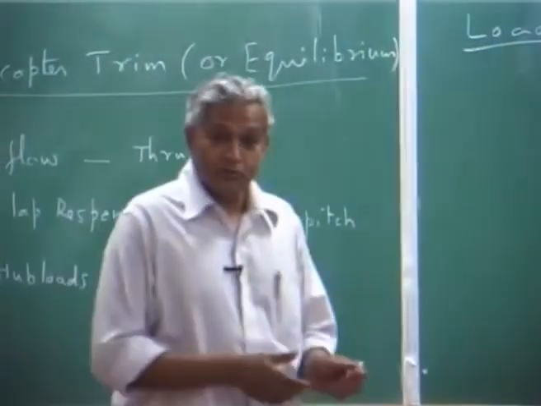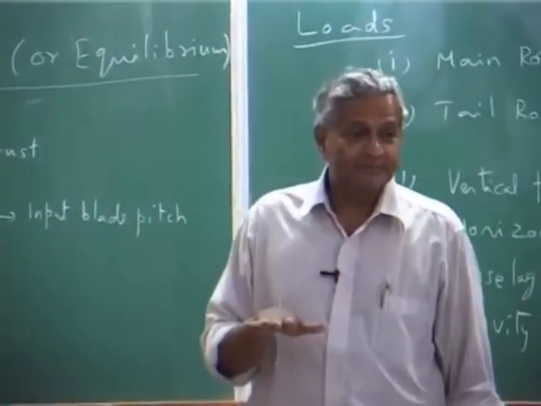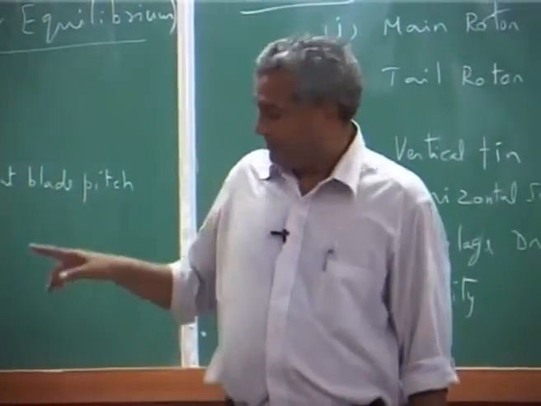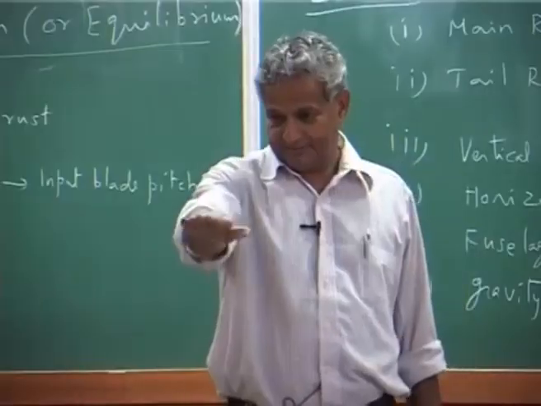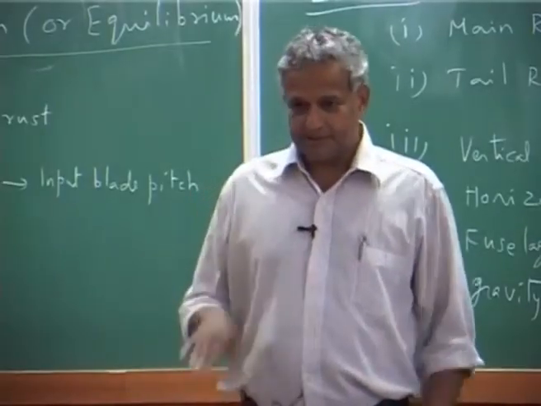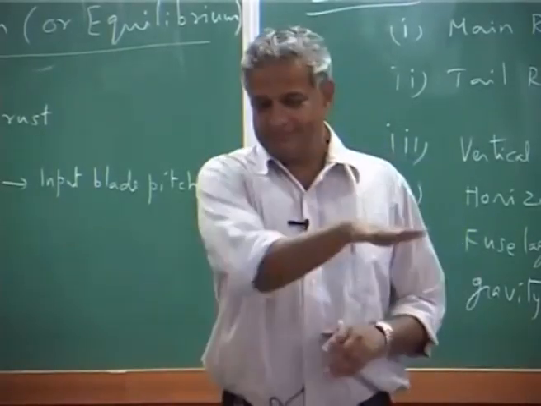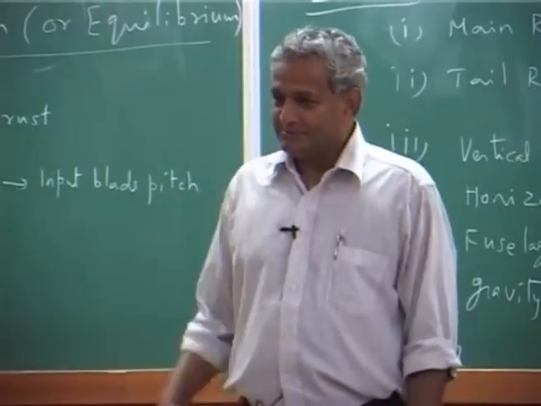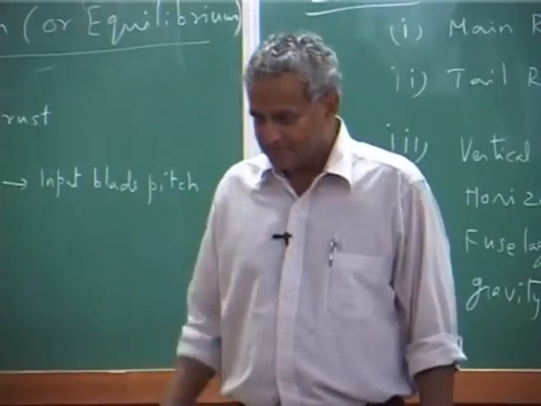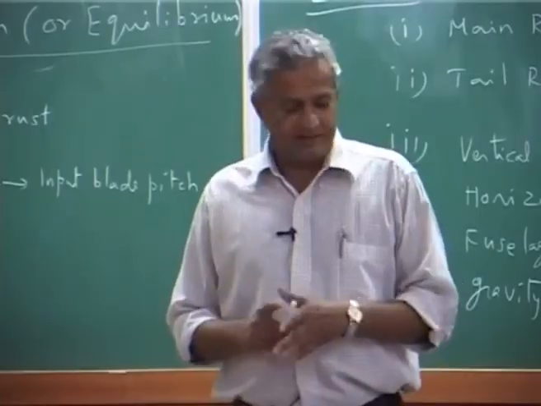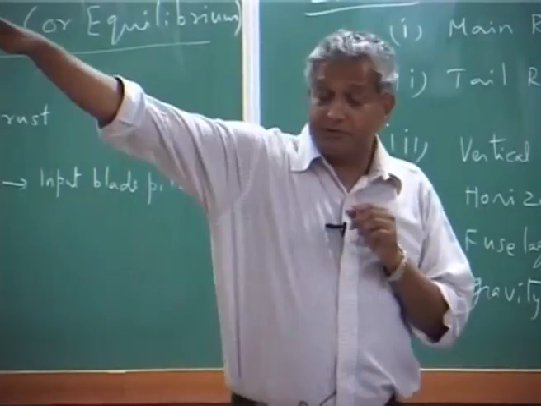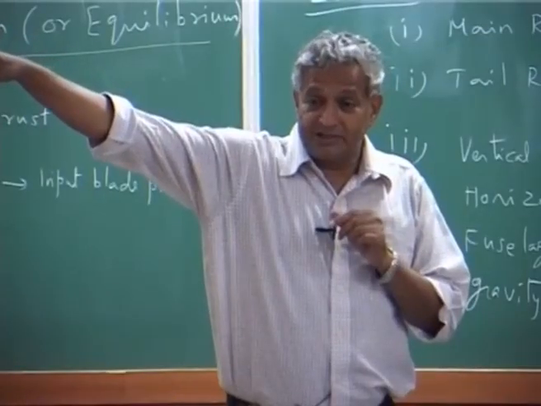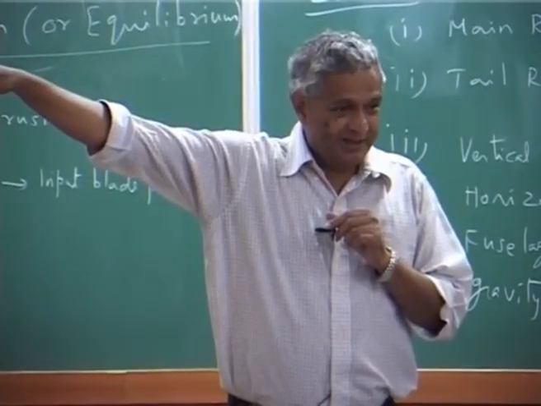Now, the helicopter, you know, the hub loads were obtained when it is flying straight as a rotor, but the rotor can fly in any direction. That means the component of velocity you must take properly. My fuselage may be like this, helicopter may be going in this direction, lateral.